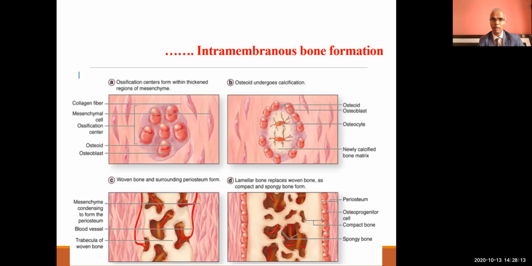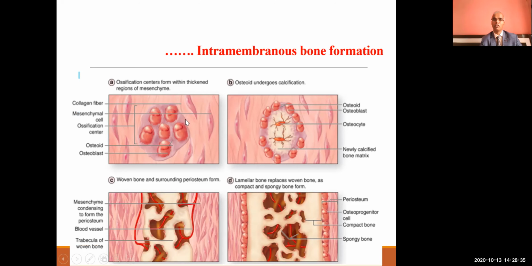In intramembranous bone formation, 4 steps take place. First, ossification centers form within a thickened region of mesenchyme. Here, these are the mesenchymal cells, collagen fibers, and this is the ossification center. Osteoid matrix is secreted by the osteoblast cells.